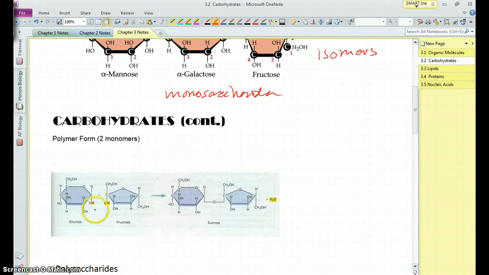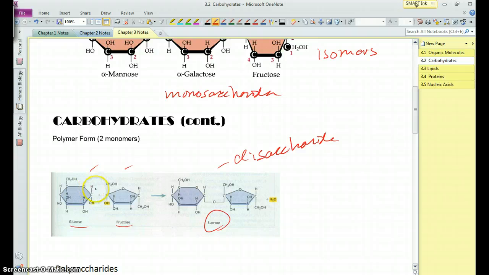If you put a couple of these monosaccharides together using, again, a dehydration synthesis reaction, you now have two of them put together. You have what's known as a disaccharide, in this case sucrose or table sugar, which is a combination of glucose and fructose.